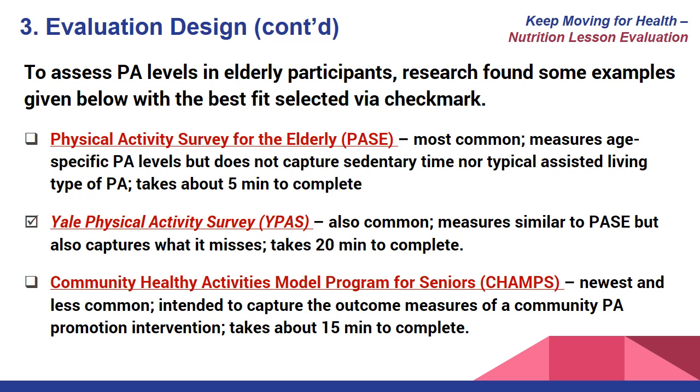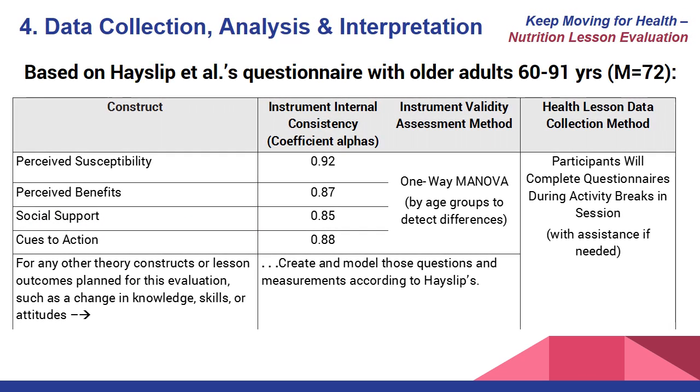All right, so in terms of data collection, analysis, and interpretation, the Hayslip questionnaire was regarding the constructs. According to their research on 60 to 91-year-olds, median age of 72, it had pretty high coefficient alphas for each of these constructs, as you see listed here.